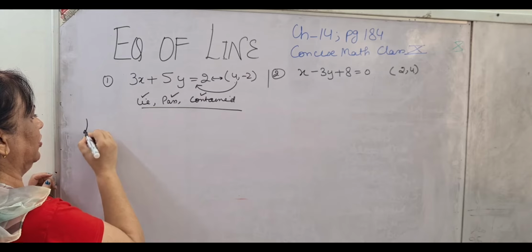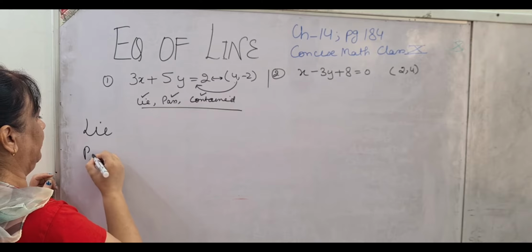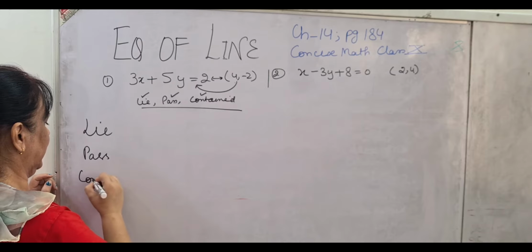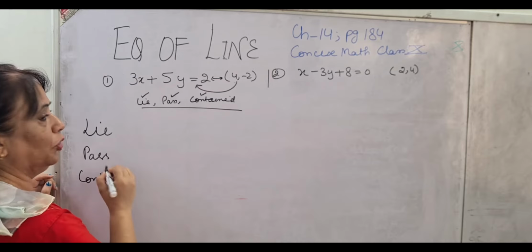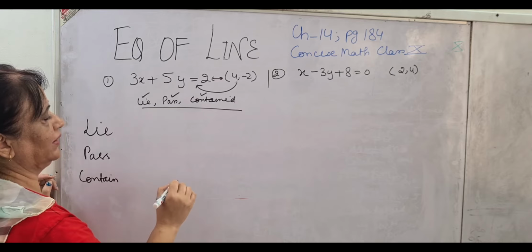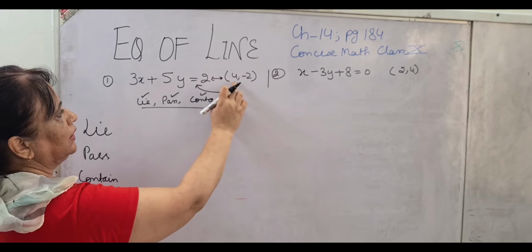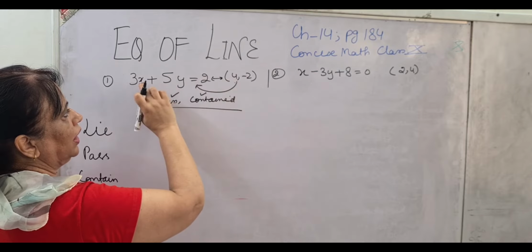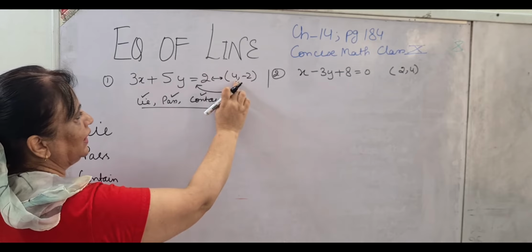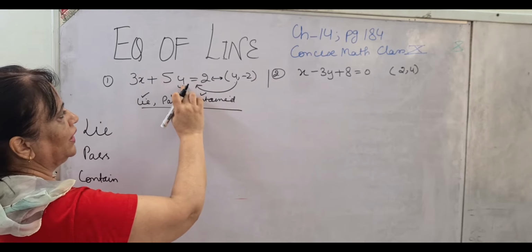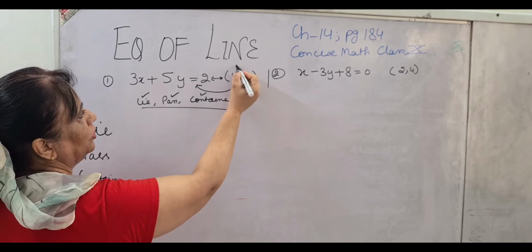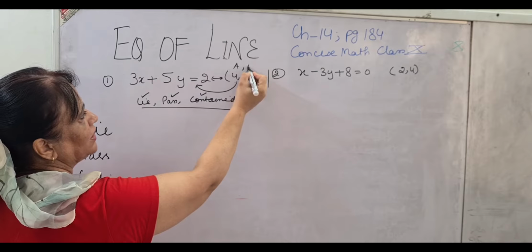I'm writing it at the side also. Lie, pass, contain. How to find that? In place of x, that is abscissa, you will put the abscissa. In place of y, which is ordinate, you will put the ordinate. Just now I told you x is abscissa and y is ordinate.